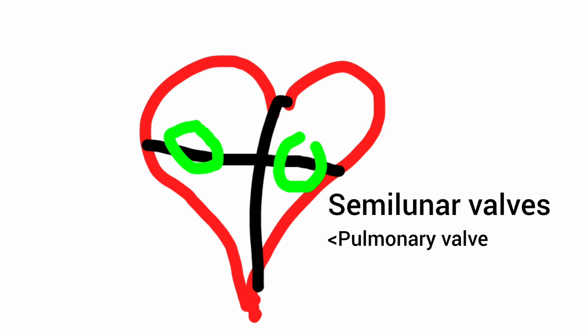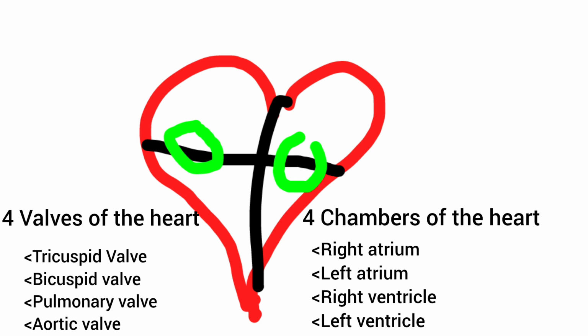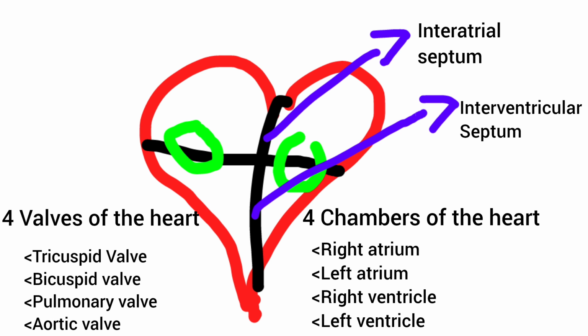So these are the four valves of the heart and the four chambers of the heart. So this is very important if you want to understand the heart. It has four chambers, it also has four valves. And also remember the septum.